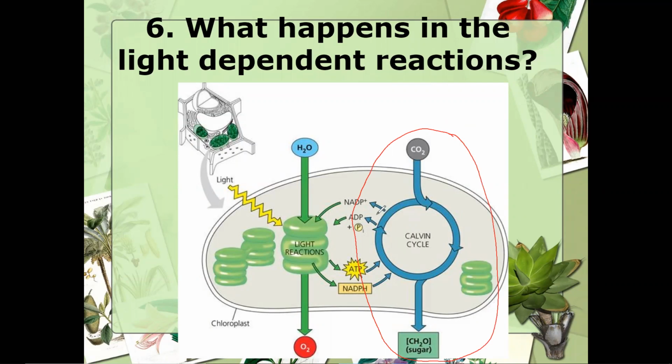And as a result of that, we get our NADP plus and our ADP, adenosine diphosphate, and the nicotinamide adenine dinucleotide phosphate without that extra hydrogen on it, but that's less important for us to know right now. But the key things here that you need to pay attention to is 1, doesn't need light, 2, uses carbon dioxide, 3, makes a sugar. Those are the things that I need you to know about the Calvin cycle.